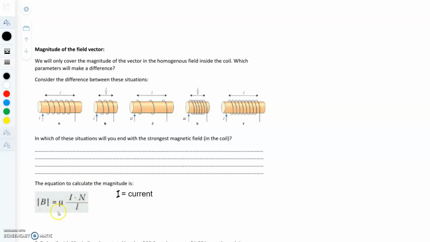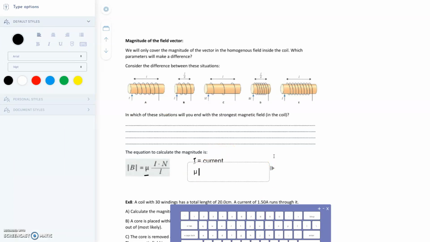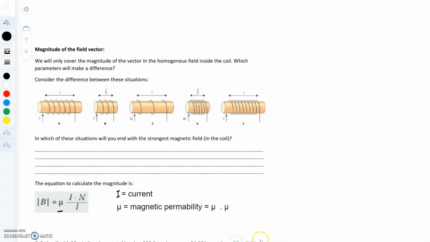The second thing that we notice here is mu. This is nothing new to us. This is the magnetic permeability of the substance in the center of this coil, and we knew that it is the product of the magnetic permeability in vacuum, mu 0, multiplied with the relative magnetic permeability, mu r, determined by your substance.